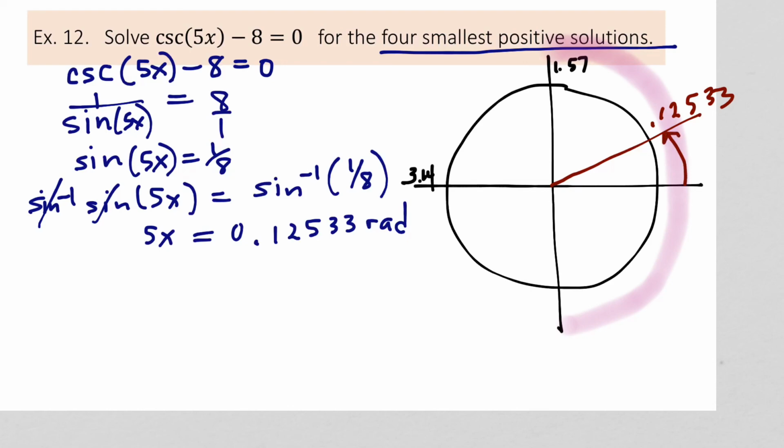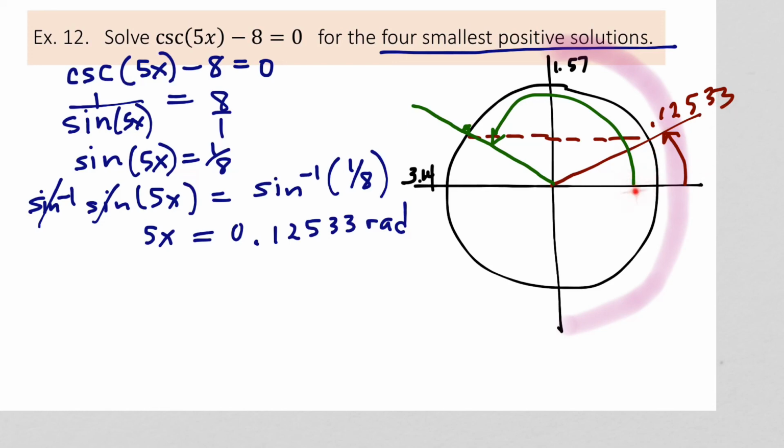Right, since we're talking about sine, we know that there's going to be another angle that's going to have that same sine over here in the second quadrant. And that's going to be this angle here. So we also know that this amount right here, due to the symmetry of this problem, is the same as this angle over here, 0.12533 radians.